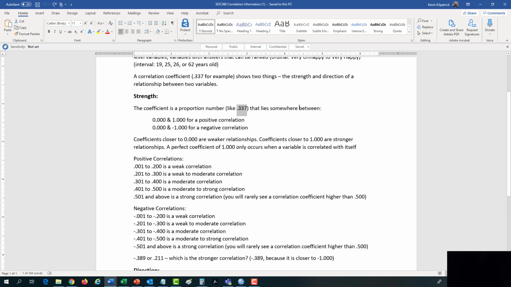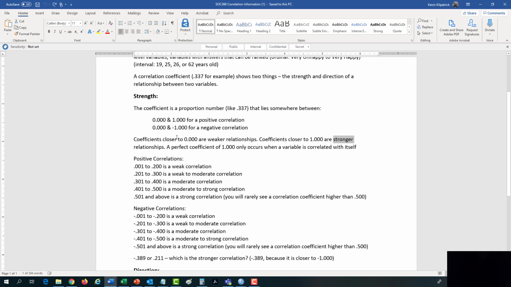These coefficients lie somewhere between 0 and 1 for a positive correlation and 0 and -1 for a negative correlation. Coefficients closer to 0 are weaker. Coefficients closer to 1 or -1 are stronger.